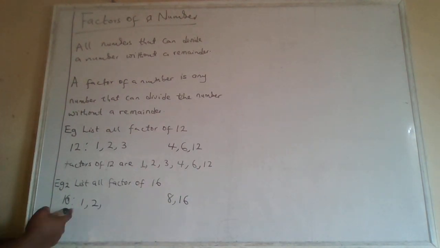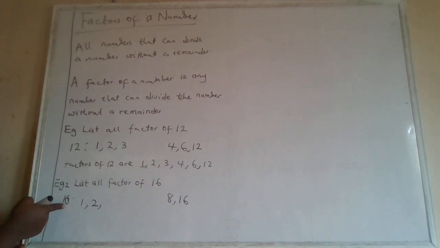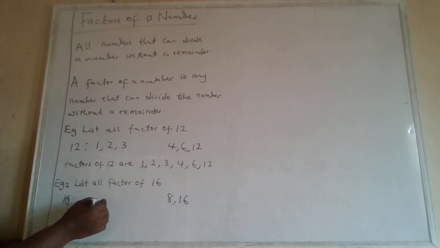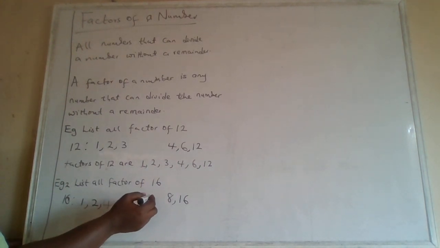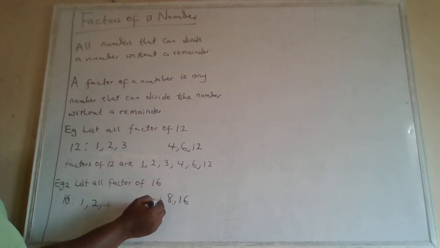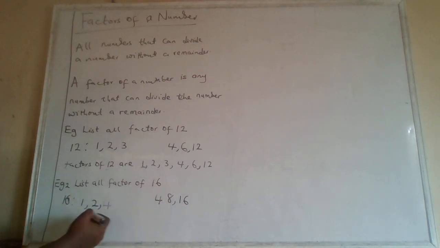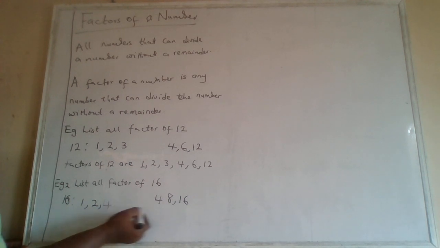So let's continue. The next number that can divide 16, 3. 3 cannot divide 16. What again can divide 16? 4. 4 can divide 16, and 4 divides 16 will give us 4. Automatically I've started repeating. 4 is here, 4 is here.